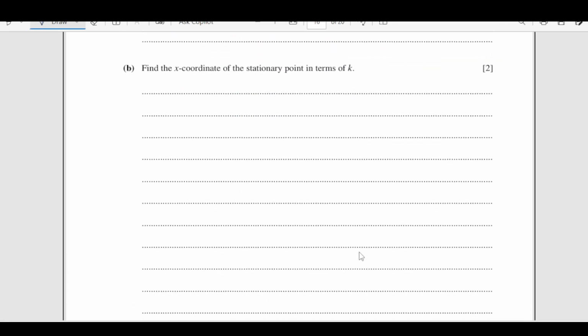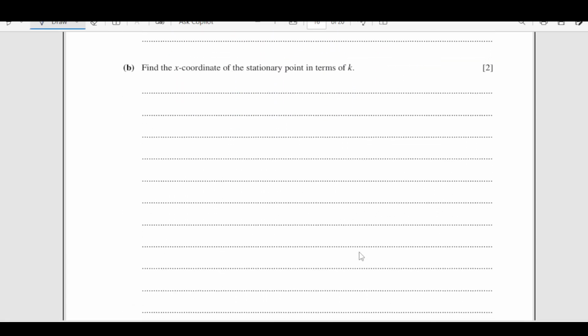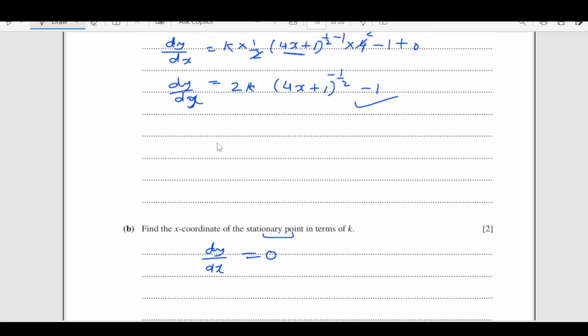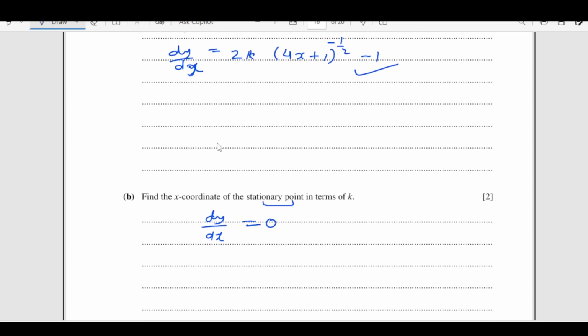Find the x coordinate of the stationary point. For the stationary point, you know that the differentiation of the curve should be 0, so the gradient dy dx is 0. So we will take the equation from here, that is 2k times 4x plus 1 power negative half minus 1, equal to 0.